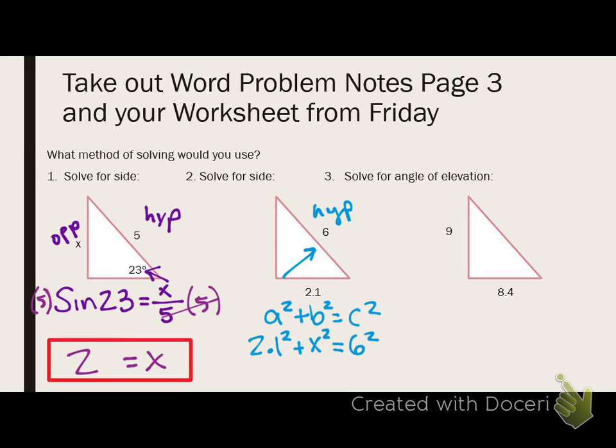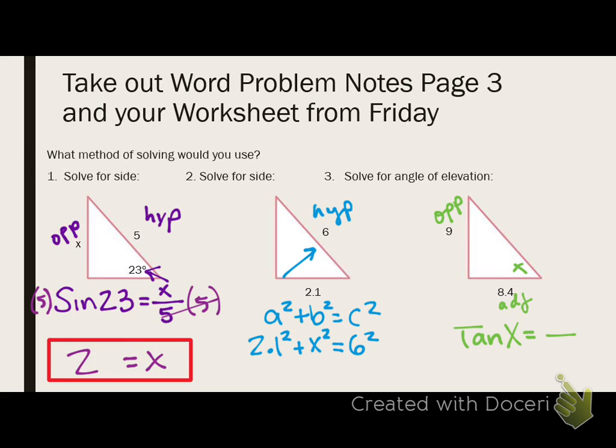The last one says solve for the angle of elevation. Can I use the Pythagorean theorem to solve for an angle? No. I got to use trig ratio. Which angle is the angle of elevation? The bottom right. So if you can't use the Pythagorean theorem, you're going to use a trig ratio. What kind of side is 9? And then 8.4 is, so which trig ratio is that? Tangent. We will solve for this one just to practice.